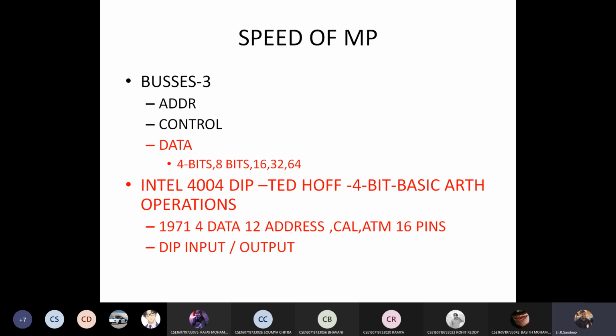The speed of the microprocessor is purely measured on the data bus, whether it is 4 bits, 8 bits, 16 bit, 32 bit or 64 bit. How many bits at a time a microprocessor can read is used for identifying its speed. If a microprocessor is reading 4 bits at a time, we call it a 4-bit microprocessor. If it reads 8 bits at a time, we call it an 8-bit machine. If it reads 16 bits at a time, we call it a 16-bit ALU.